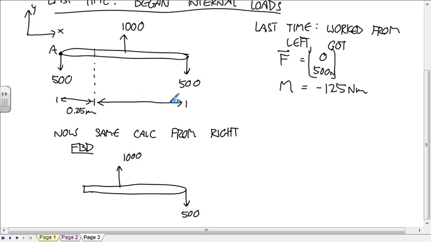This distance was 0.75, so now we have 0.75 there. And I'm going to use the about point over here this time. So Newton's second law, oh, and this isn't complete yet.